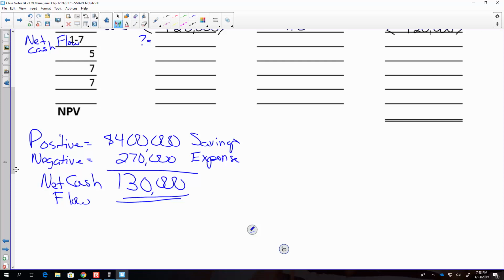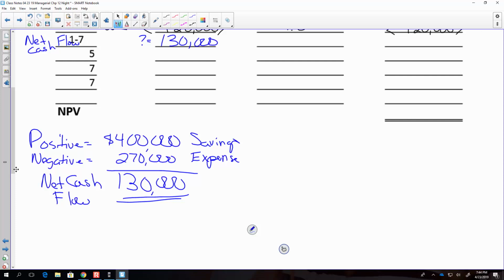Does everybody see where the 400 is coming from and the 270? And did you notice that they put the expenses first and the 400 last? So again, it's really making you work to understand the problem. I'm going to put 130 up here for 7 years.